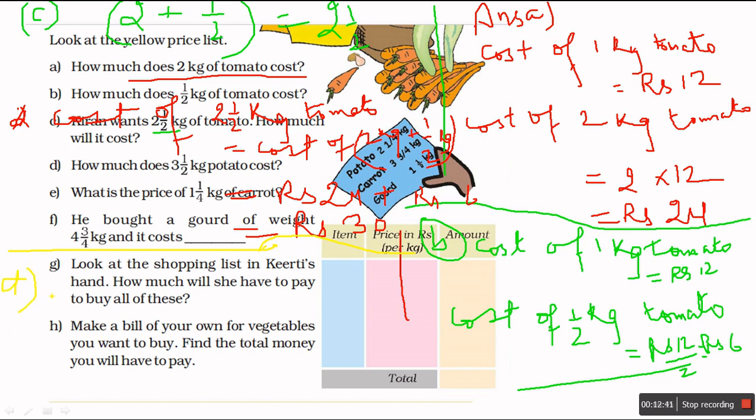D. How much does 3.5 kg potato cost? So first we should know cost of 1 kg potato equal to rupees 10.